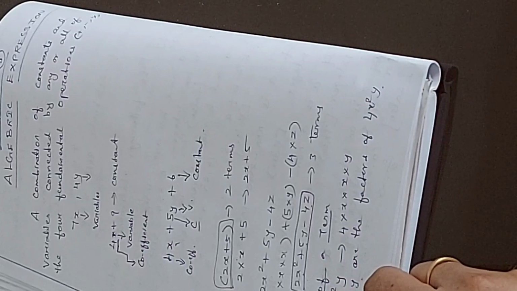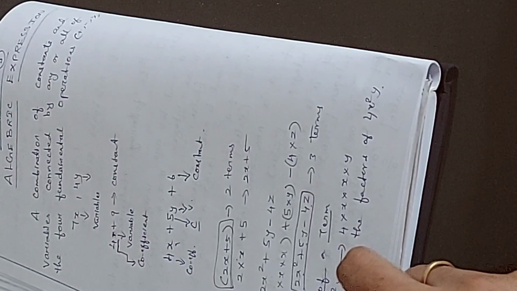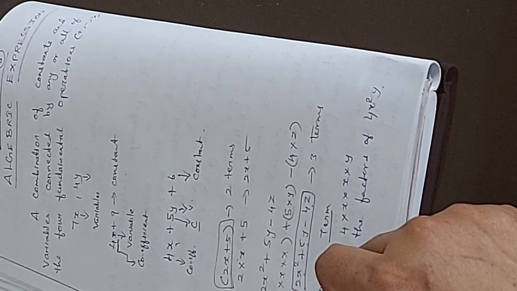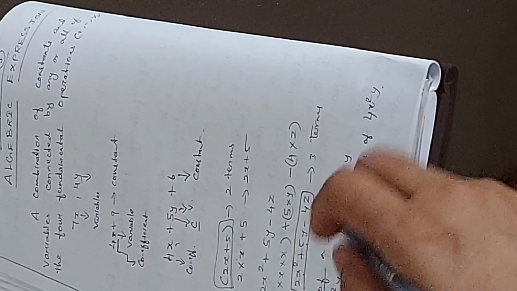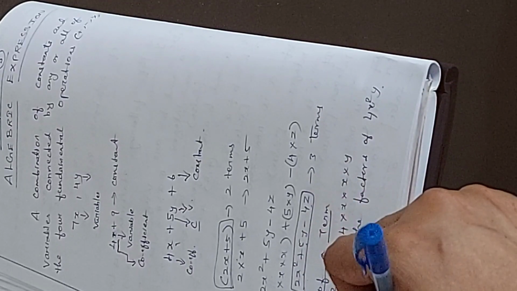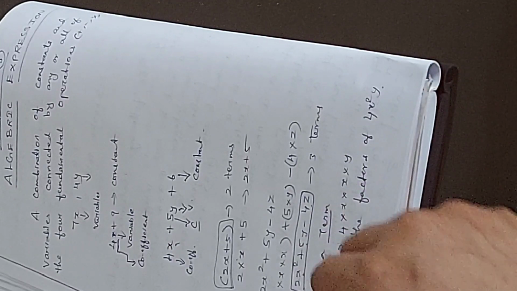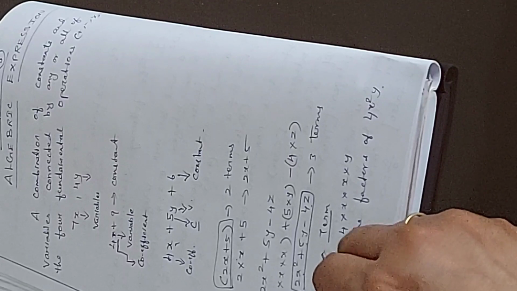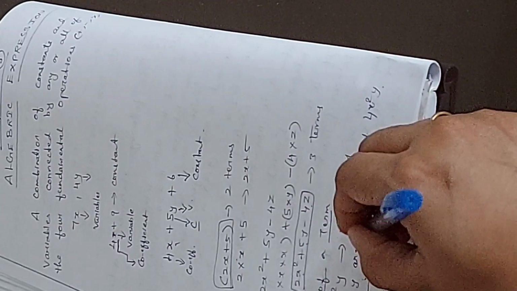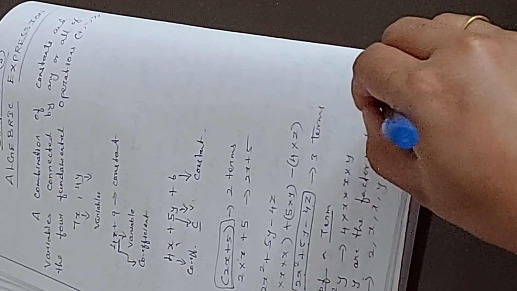Okay children, and the factors should not be further factorized. They are to be prime, or it should not be further factorized. Then only they are called factors of a term. Example, 2x squared z, if you take, what are the factors then? 2, x, z are the factors.